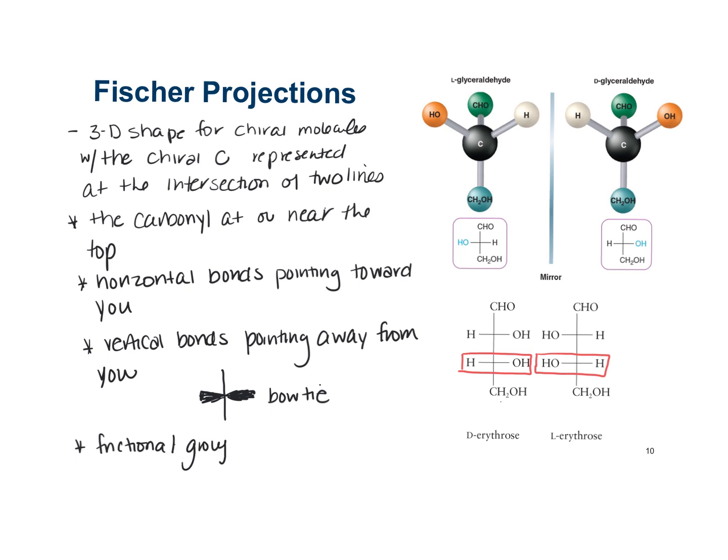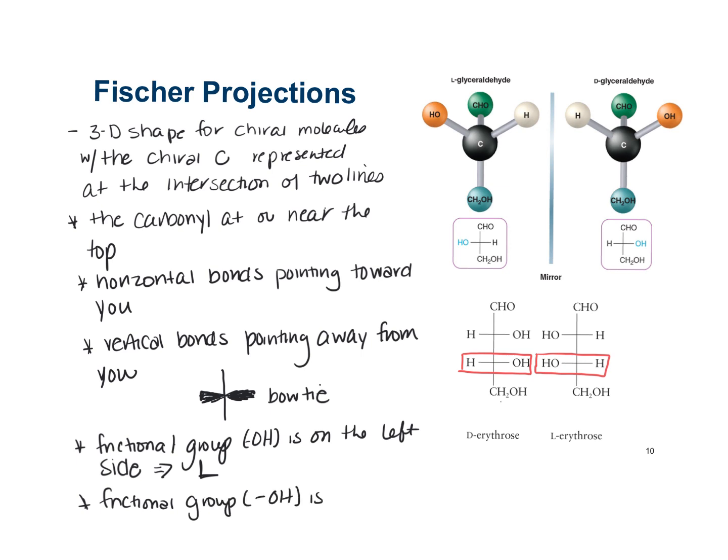which in this case is an OH, is on the left side, then it gets the L designation. If the functional group, which is the OH, is on the right side, it gets the D designation.